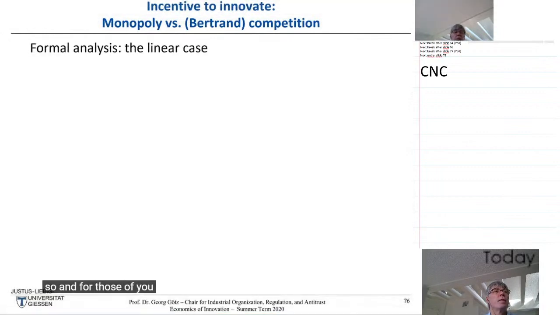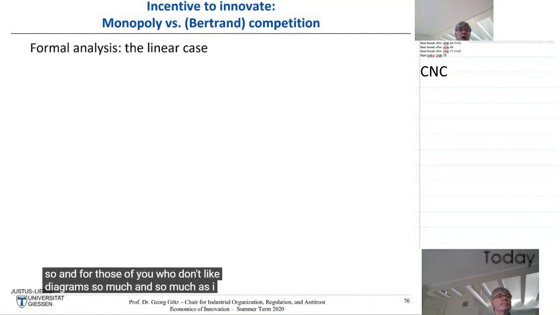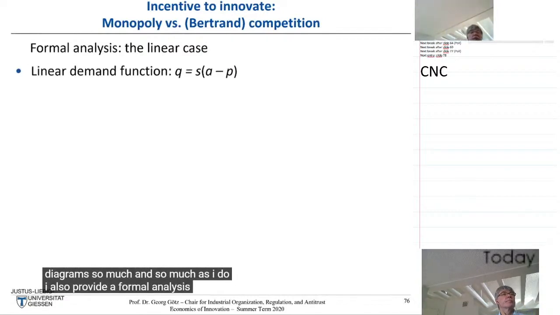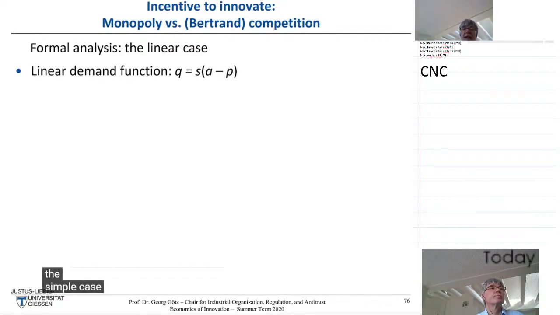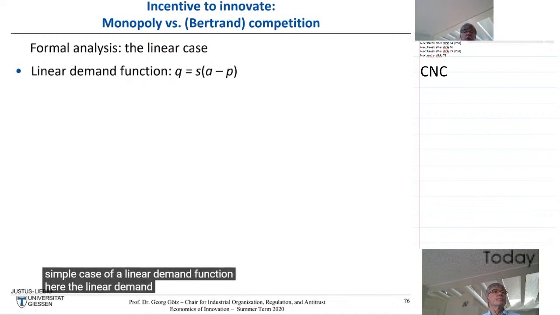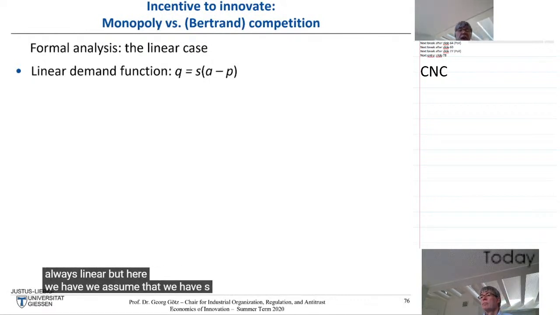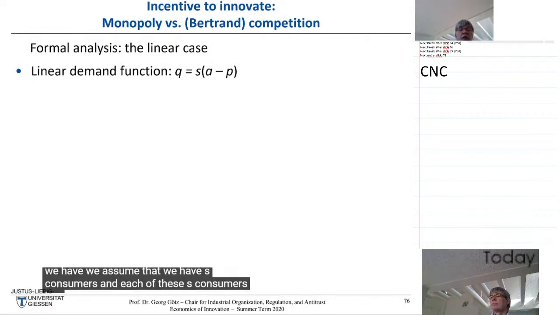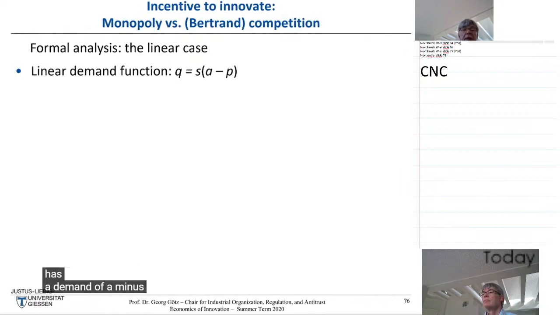For those of you who don't like diagrams as much as I do, I also provide a formal analysis for the simple case of a linear demand function. Here the linear demand function is particularly simple. We assume that we have S consumers, and each of these S consumers has a demand of a minus p.